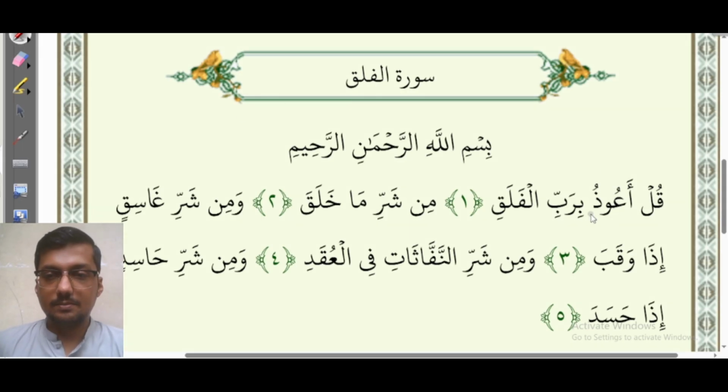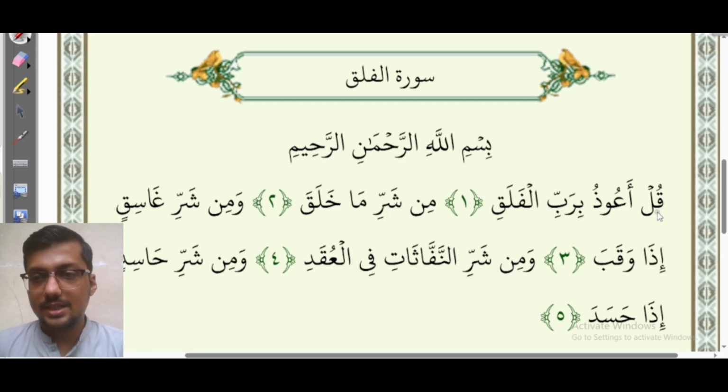Let me read the first ayat. قُلْ أَعُوذُ بِرَبِّ الْفَلَقِ. In the start, we have the starting letter Qaf, which we have to read with a heavy voice. قُلْ أَعُوذُ.